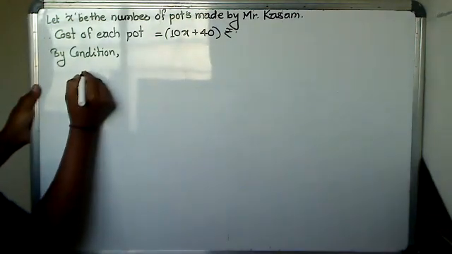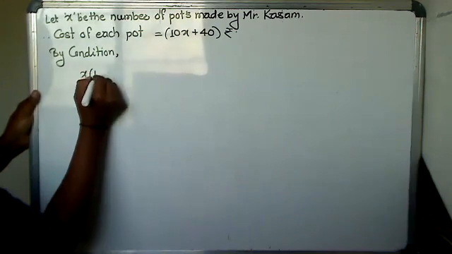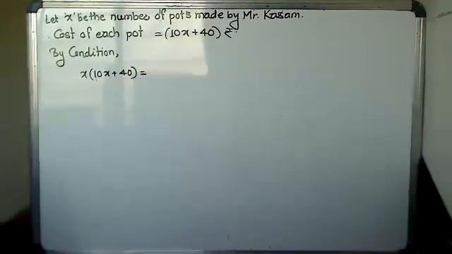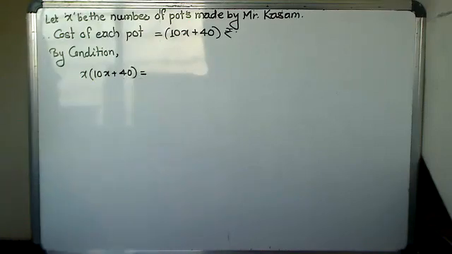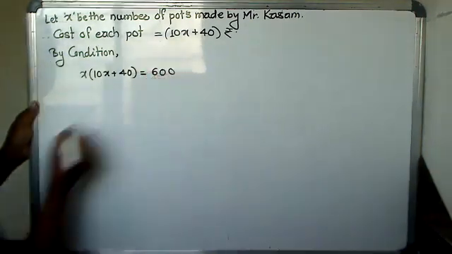So by condition, X into (10x plus 40) is the cost of all the pots he made in one day, and that total is 600 rupees.